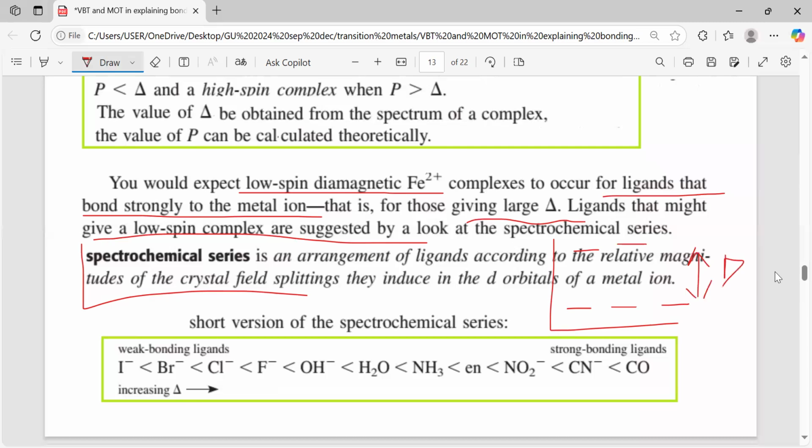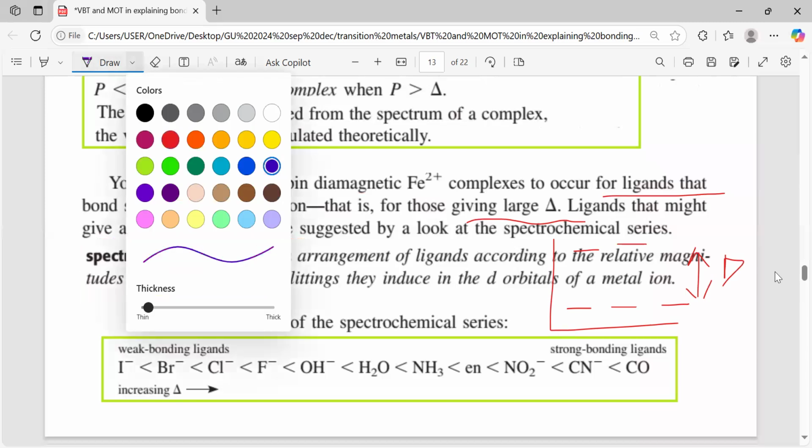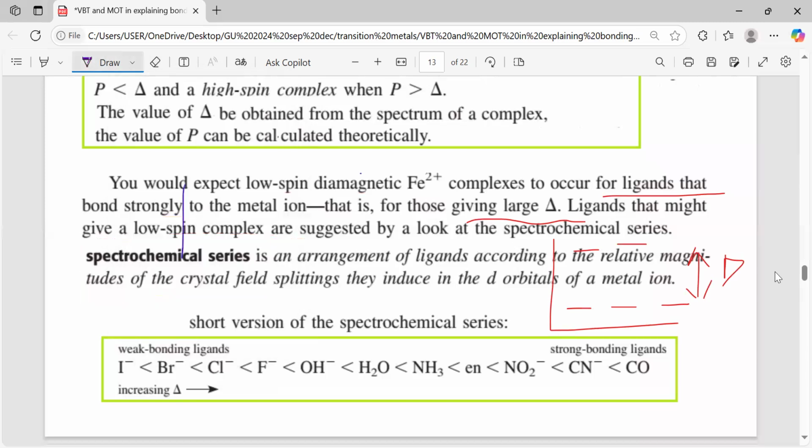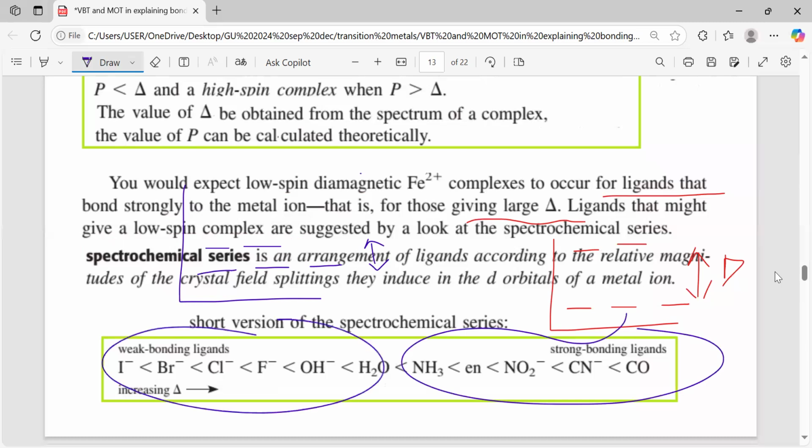Then on this other end, I can use a different color, the split is so small. So the jumping is much easier. Strongly bonding ligands induce a huge gap, then weakly bonding ligands induce a small gap.